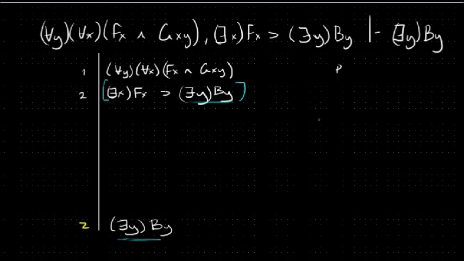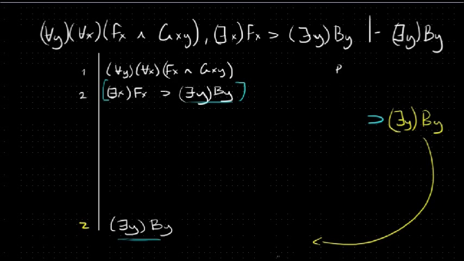So here's something to bear in mind, that when we've got the quantifiers like this, ∃x Fx is the antecedent. Because there's no brackets around, if there were brackets here, for instance, then the existential quantifier would take scope over the whole of this formula. But as it stands, the main operator of this is a conditional, and we're trying to get to ∃y By. That's the consequent that we're looking for.